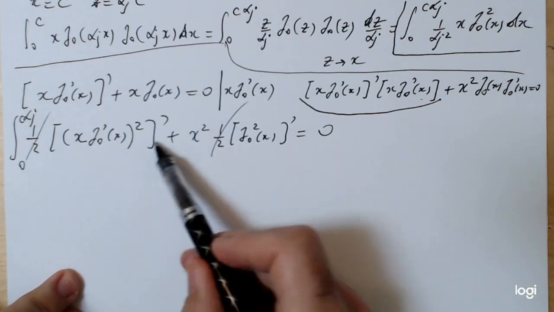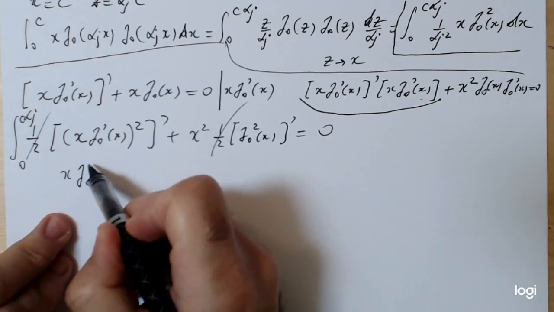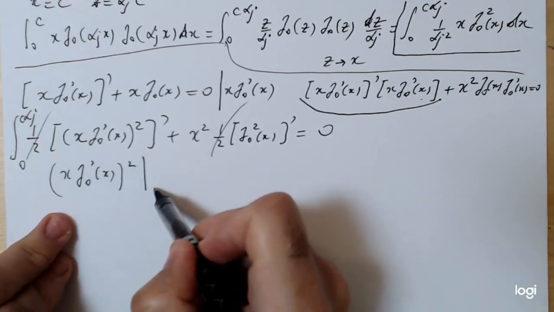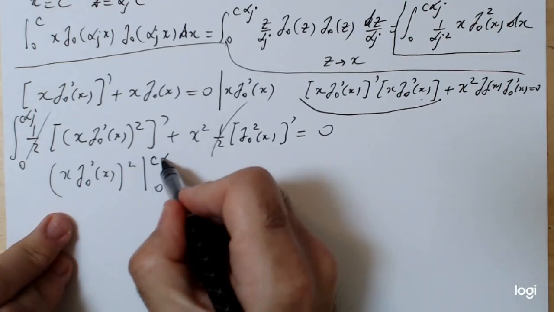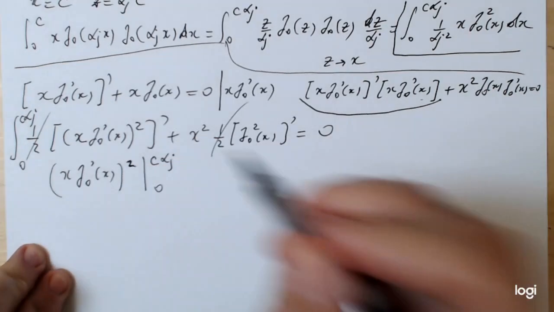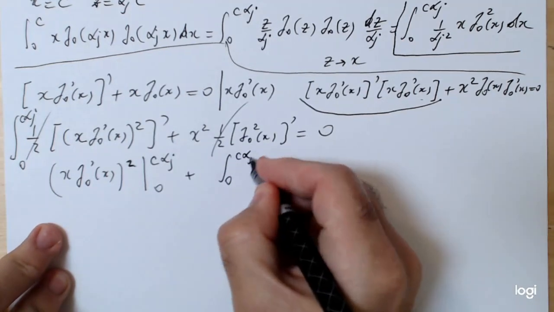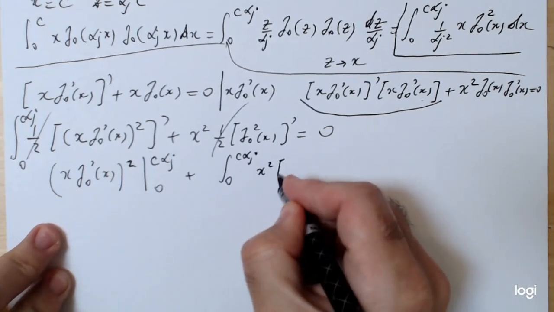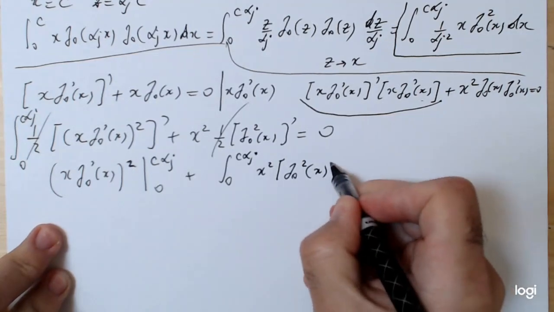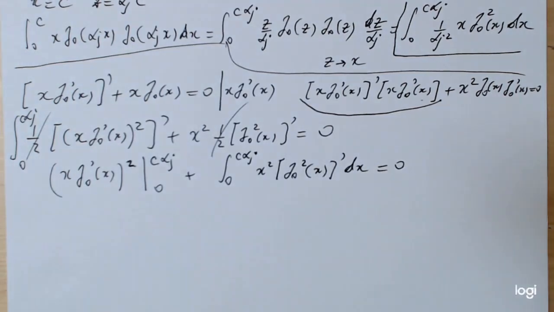So the integral of this part is just (x J₀'(x)) to the power 2 evaluated between 0 and cαj. And here is going to be the integral from 0 to cαj of x² times the derivative of J₀² of x dx, which again we know this is equal to 0.